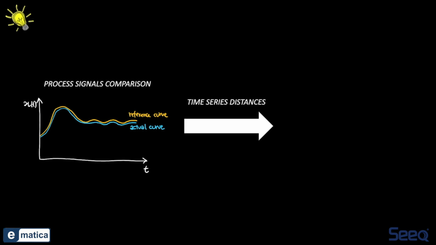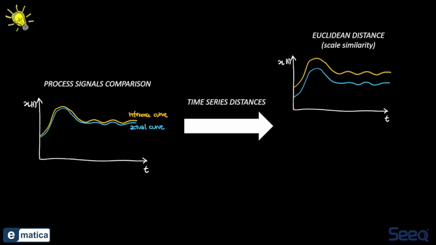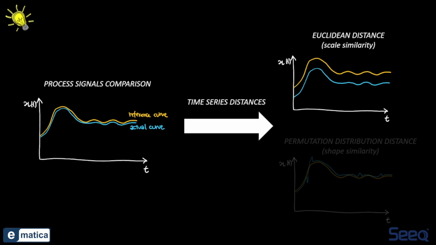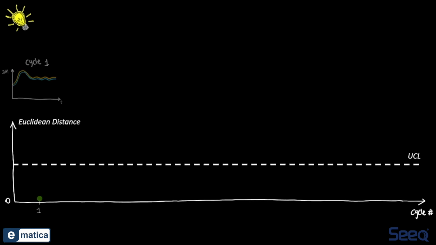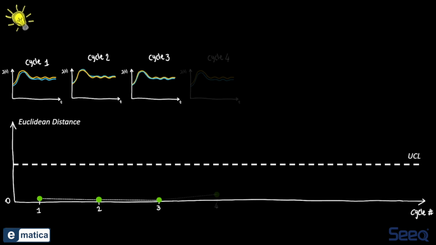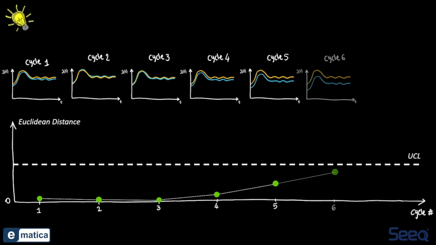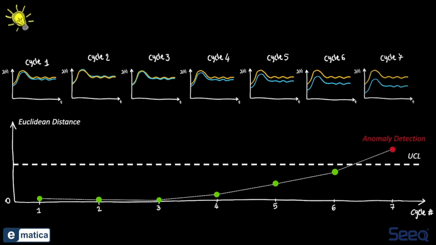So what we do with Seeq is we detect time series distances. So we have a Euclidean distance or a permutation distribution distance to see if curves are similar in their behavior, and we do that for different cycles. So we have the blue curve and the yellow curve, and every cycle the curve changes, of course.